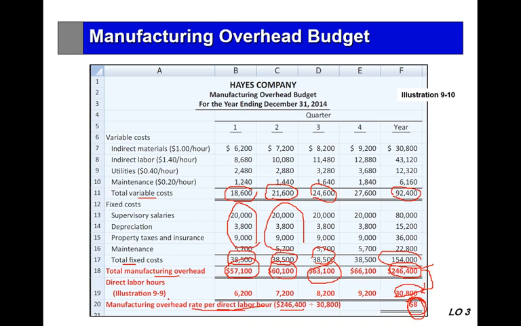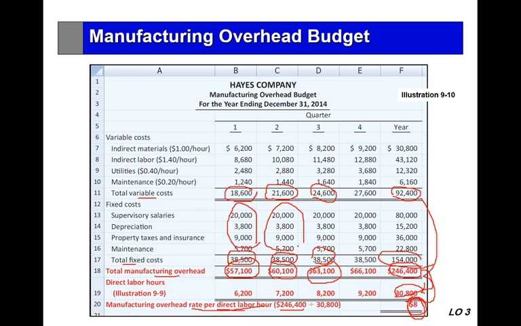Then the $8 is divided into a fixed rate and a variable rate. We can reach the fixed rate and variable rate by dividing 154,000 by 30,800 units.